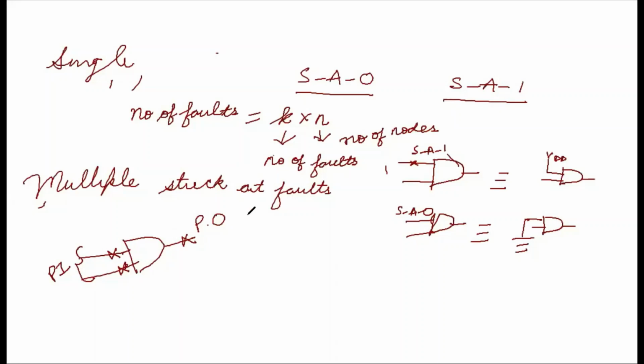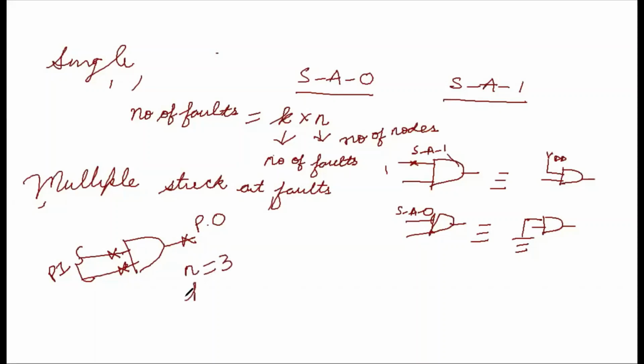Apart from that, all the lines which are leading to the input or coming as output from any gate serve as the node points, the lines which have to be considered for these single faults. So in this case, what would be the value of n? n would be 3 here.